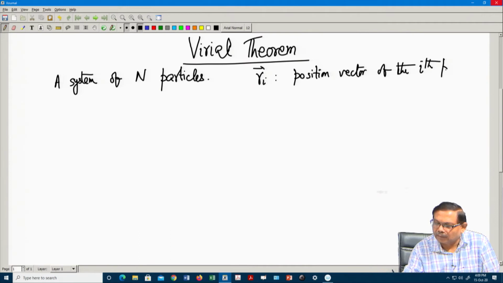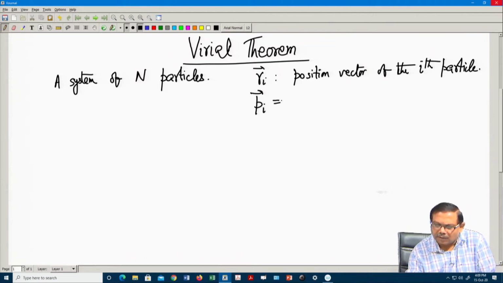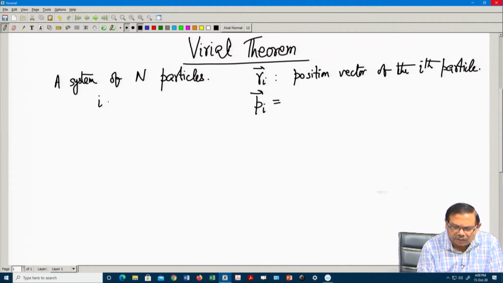And similarly, P_i denotes the momentum. See, this subscript i is not for the component, the subscript stands for the particle. So, i goes from 1 to n.